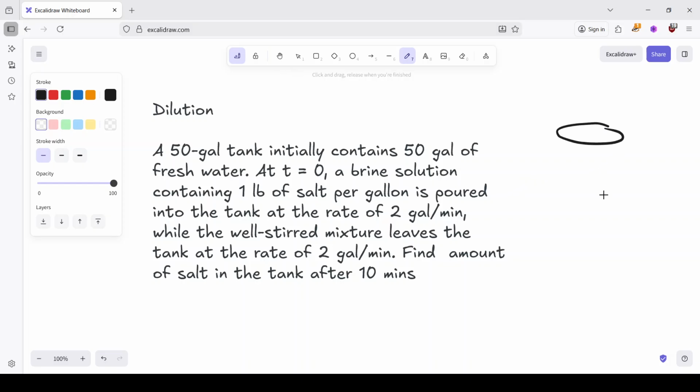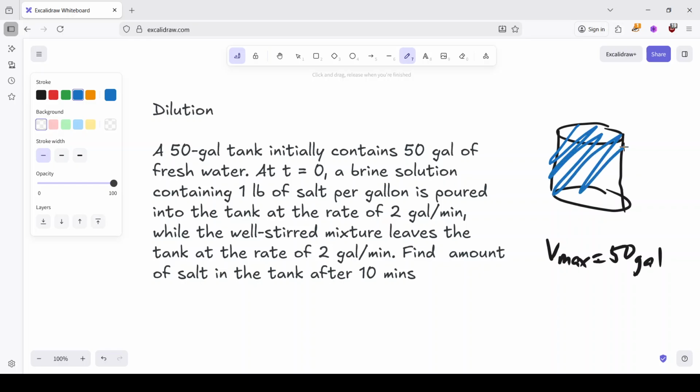So the problem goes, we have a tank with a volume of 50 gallons, and initially it is filled with fresh water.